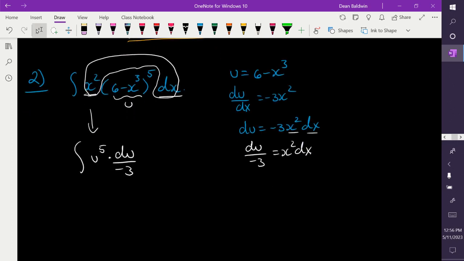Are we with me? Okay. Are you allowed to pull constants inside and outside of an integral? You are. So we're going to pull the negative 1/3 out. So now I just have that. Negative 1/3 times the integral of u to the 5th du.